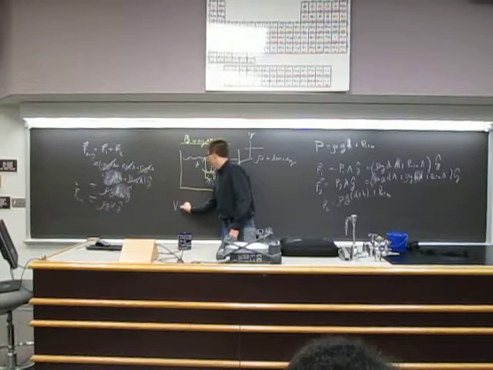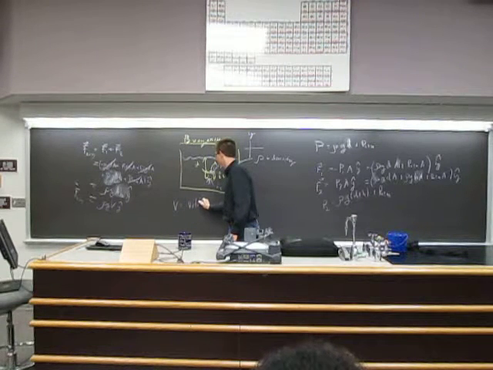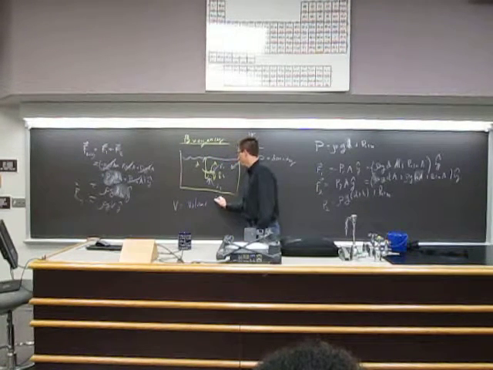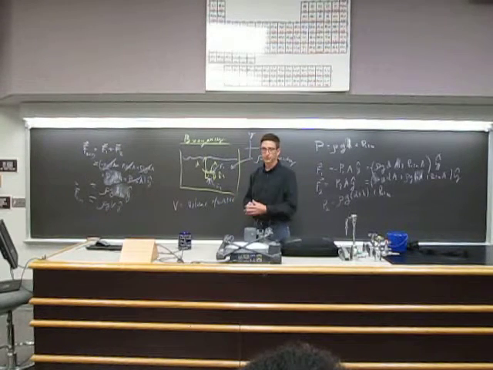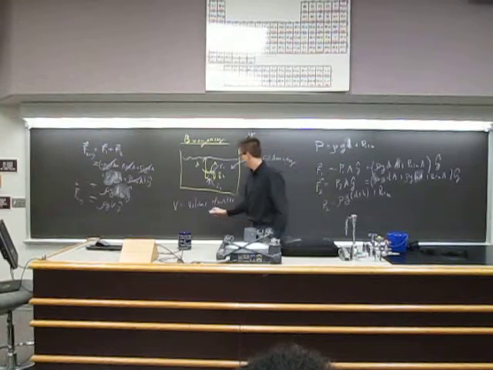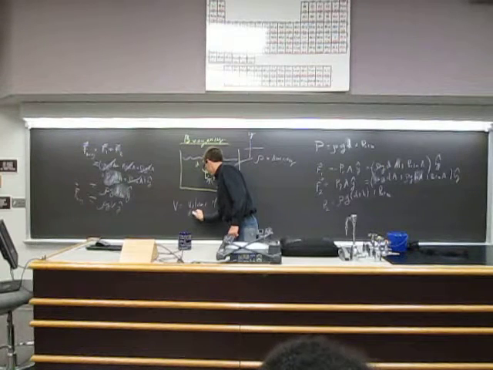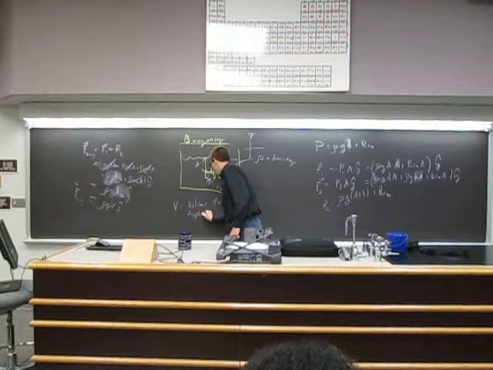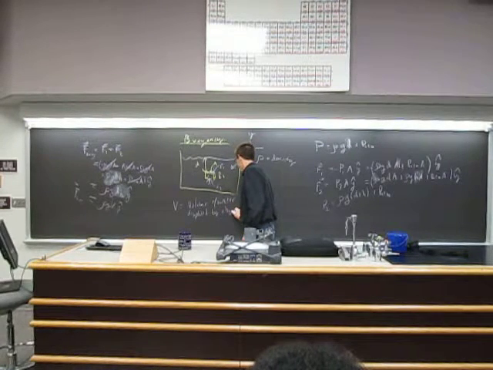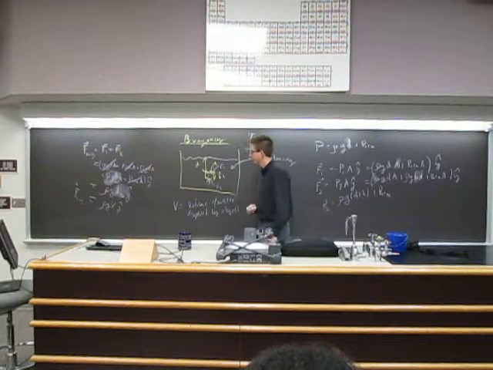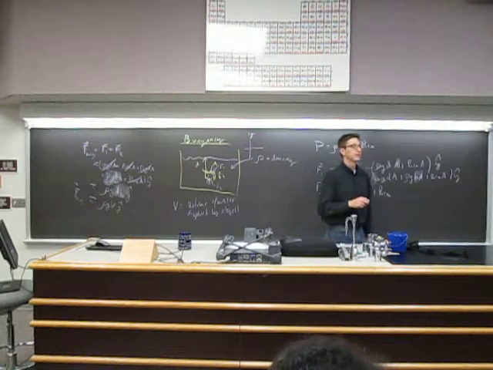So V equals volume of water displaced or moved around by the object. Does that make sense?